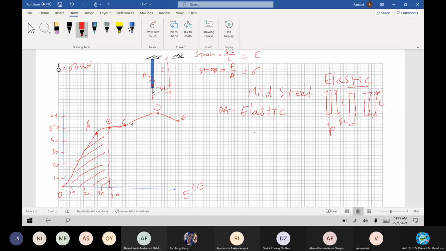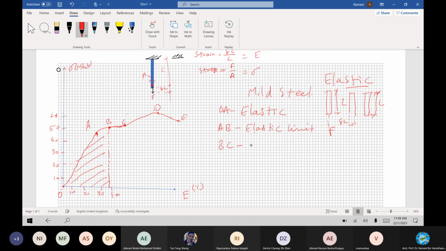Okay, and then moving on, I just write down for classification. A to B is still within the elastic limit, reaching the elastic limit.